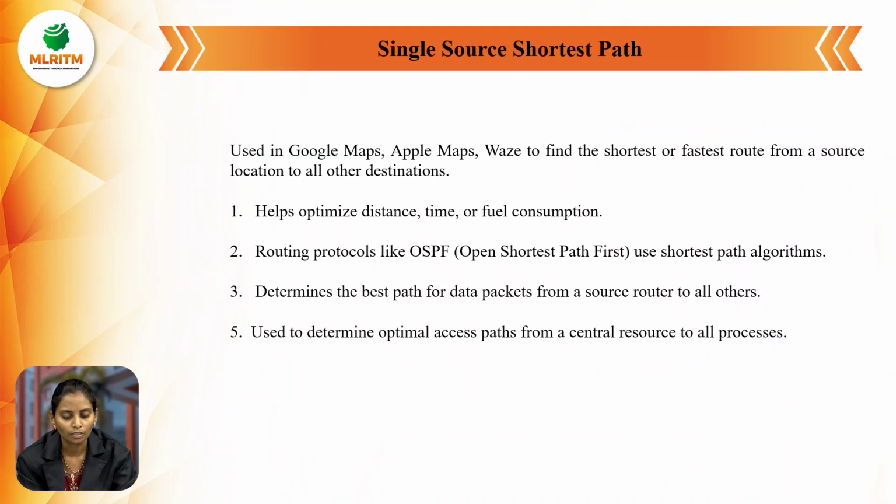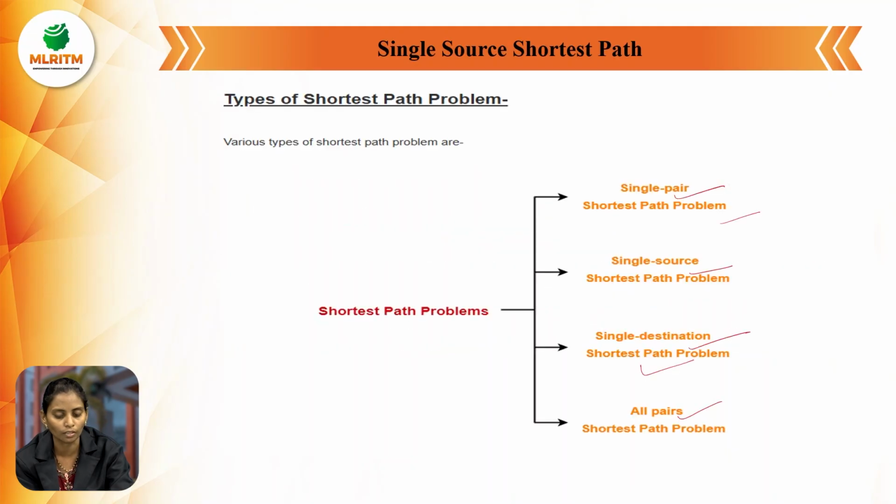It will help in the optimization of distance, time and consumption, protocols, data packets, and the optimal access path for all central resources of all the processes. In these specifications, this single source shortest path algorithm will be useful.